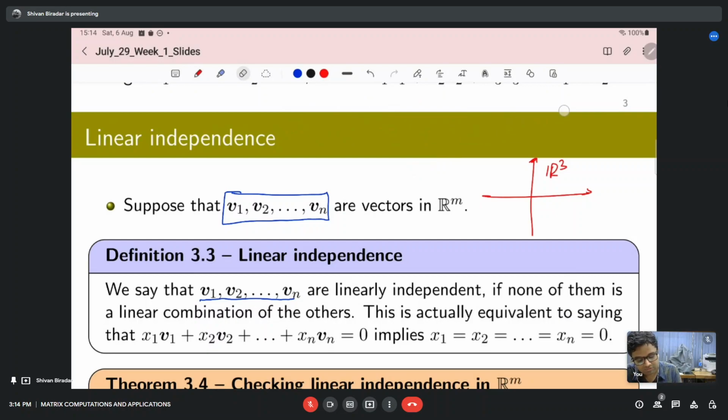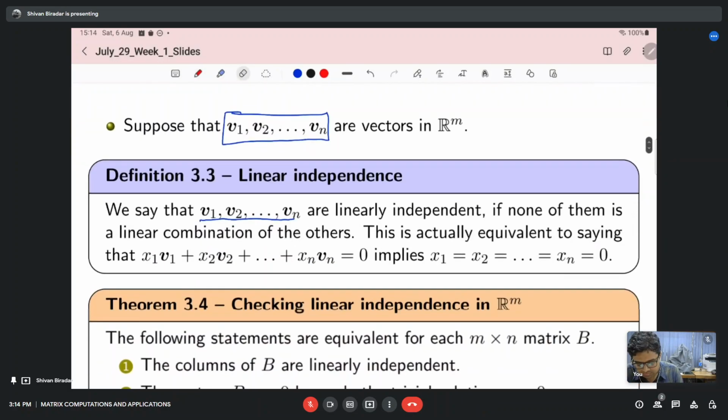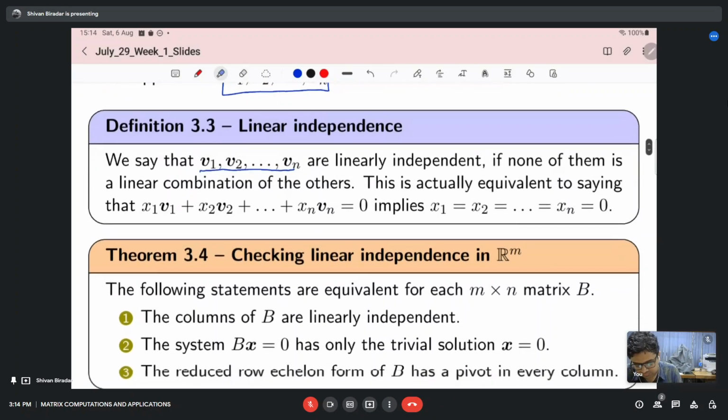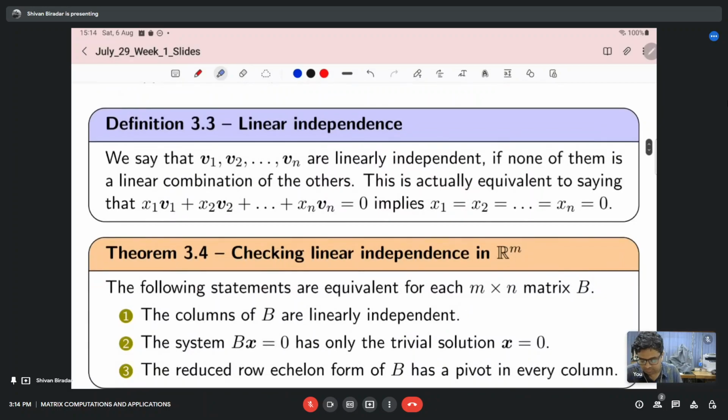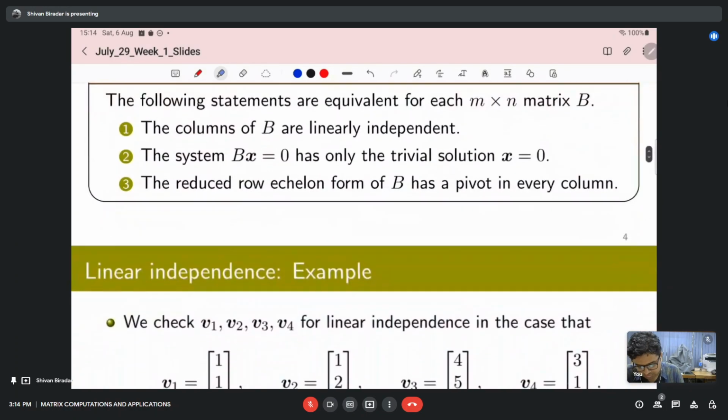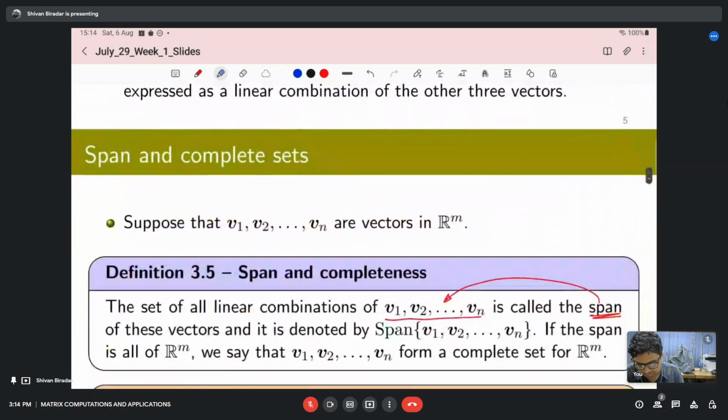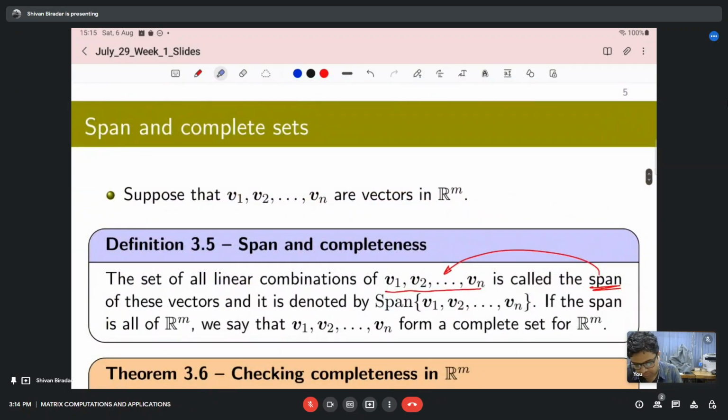So this can be extended to Rn, that is, n-dimensional space. The linear independence part is over, and we'll see what span is.